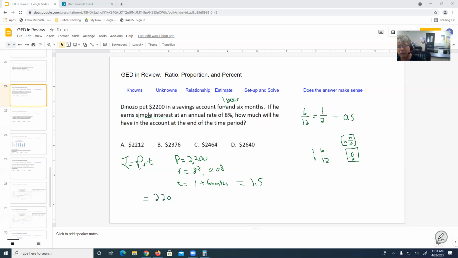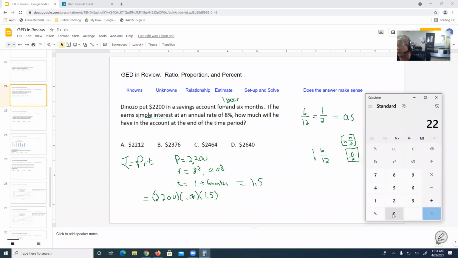And since you have PRT, these are all connected by multiplication. So I'm going to use parentheses here for multiplication. So 2,200, the rate was 0.08, and the time is going to be 1.5. So when I do this, I can use my calculator to figure that out.